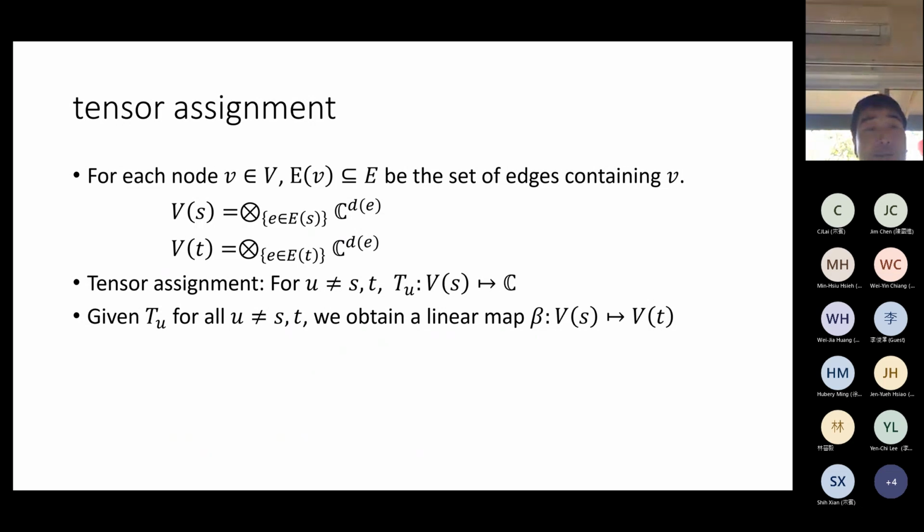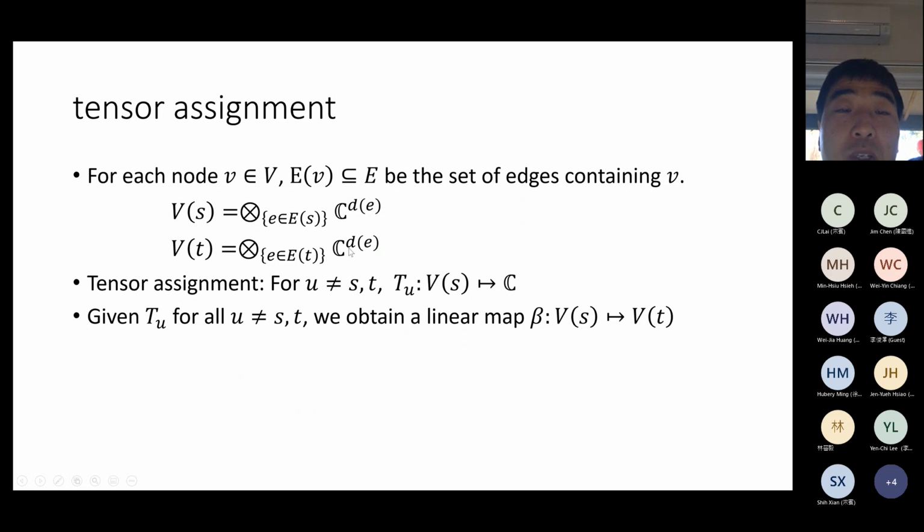And we also want to define the quantum max flow. So the quantum max flow is defined by a tensor assignment. For each node V, we denote EV to be the set of edges containing V. And we define that Vs is the tensor product of C^DE such that E is in ES, in the sense that Vs is the Hilbert space of the source vertex S, and VT is similar.